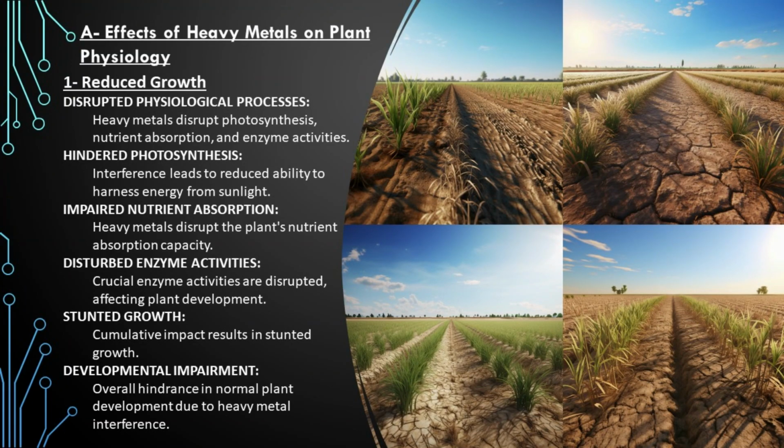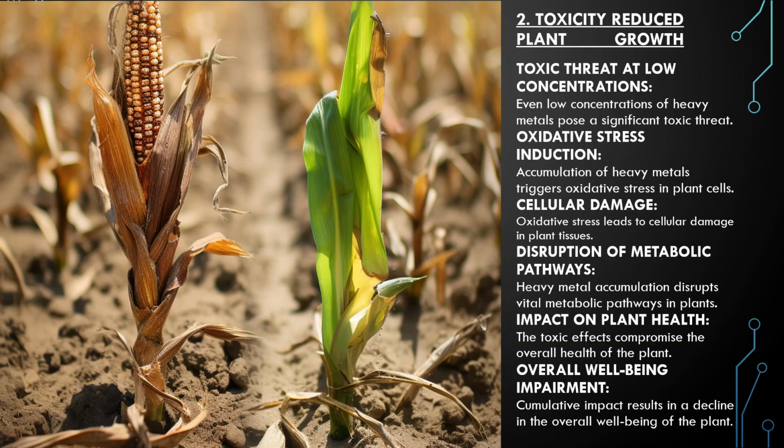2. Toxicity. Reduced plant growth. Toxic threat at low concentrations. Even low concentrations of heavy metals pose a significant toxic threat. Oxidative stress induction. Accumulation of heavy metals triggers oxidative stress in plant cells. Cellular damage. Oxidative stress leads to cellular damage in plant tissues.